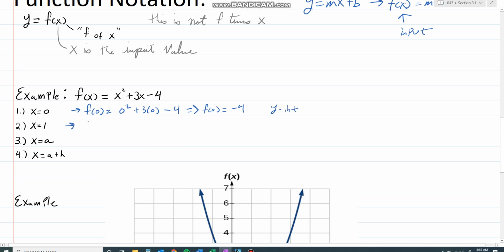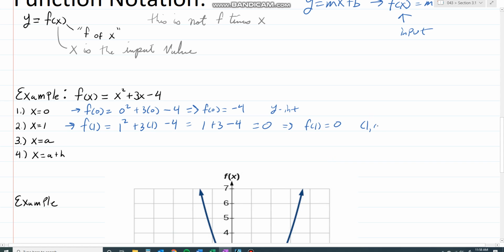What if x equaled 1? F of 1 equals 1 squared plus 3 times 1 minus 4. That's 1 plus 3 minus 4, and that's 0. So that implies that f of 1 equals 0. Well, what is that?